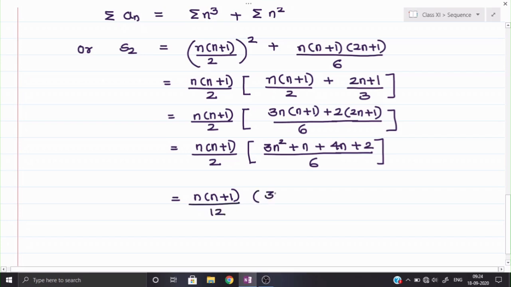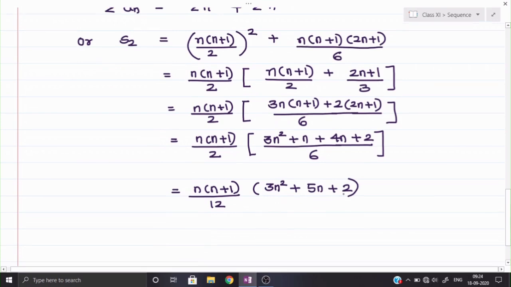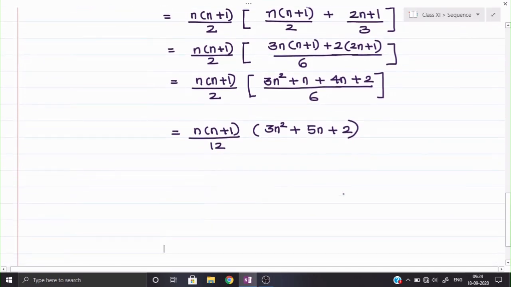This is becoming now 3n square plus 5n plus 2. So multiplication is required here 6 and addition required 5n. So I think 3 and 2 will work. So here further we can write down n into (n plus 1) upon 12 will be as it is.